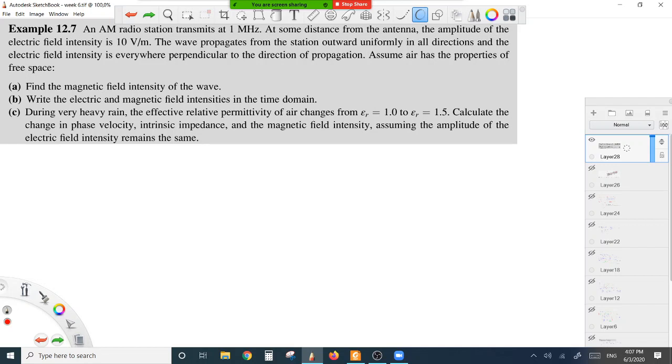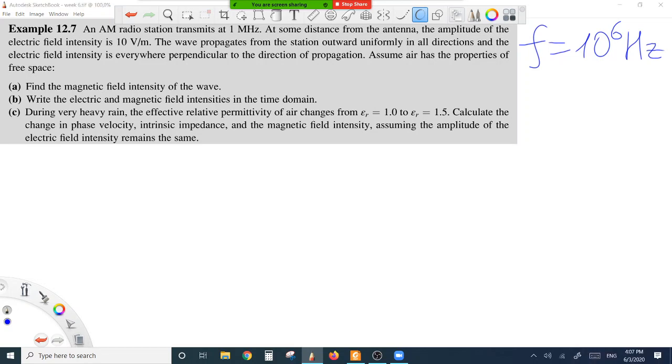First of all, what do we do? We know, first of all, that frequency is 1 megahertz, 10 to the 6 hertz.